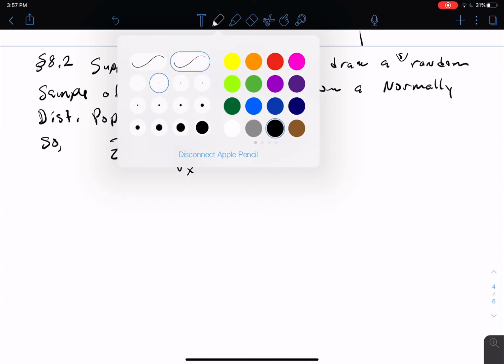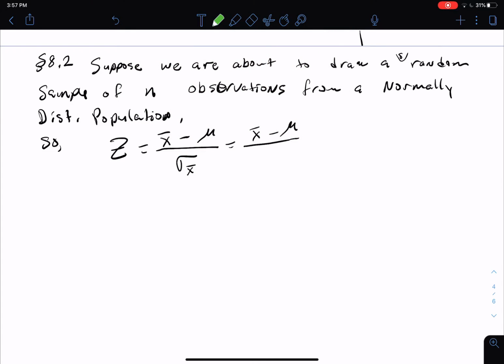But to highlight something here, this denominator is equal to the standard deviation divided by the square root of n. The point is, when we use this formula, we need to know our standard deviation, and that's from the population.